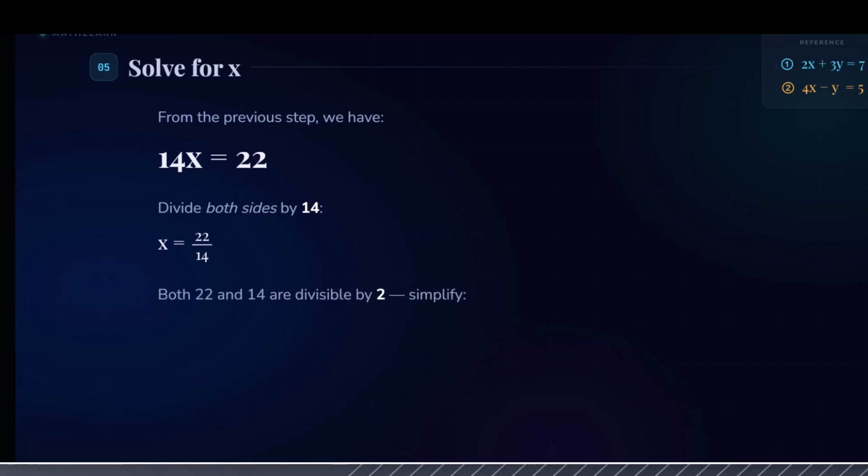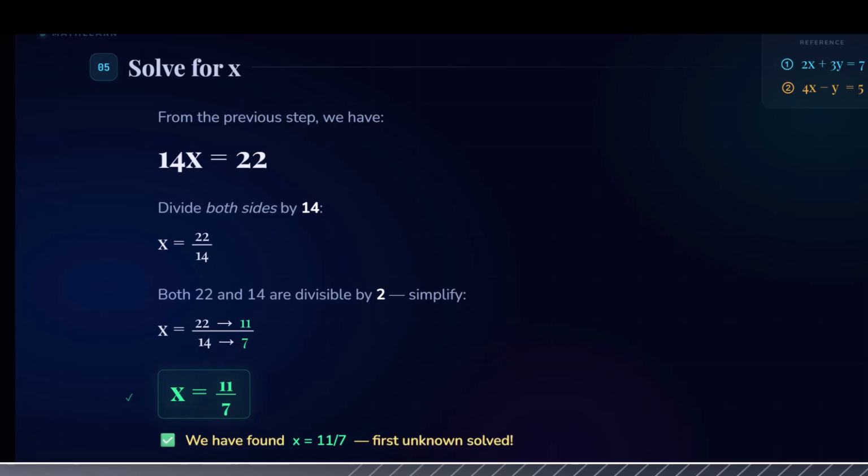Both 22 and 14 are divisible by 2. 22 divided by 2 is 11. 14 divided by 2 is 7. Therefore x equals 11/7. We have found x. The first unknown is solved.